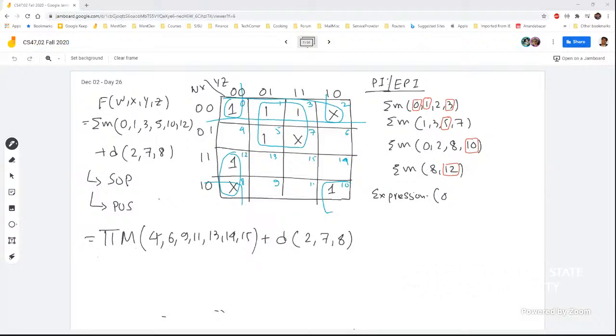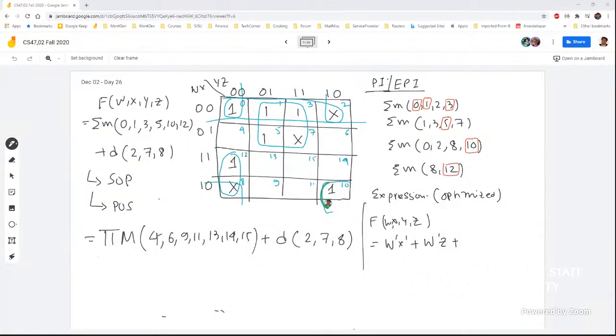It would be f of w x y z equals, looking at the first group, w bar x bar, or the next group, where w is constant at 0 and z is constant at 1, so w bar z.